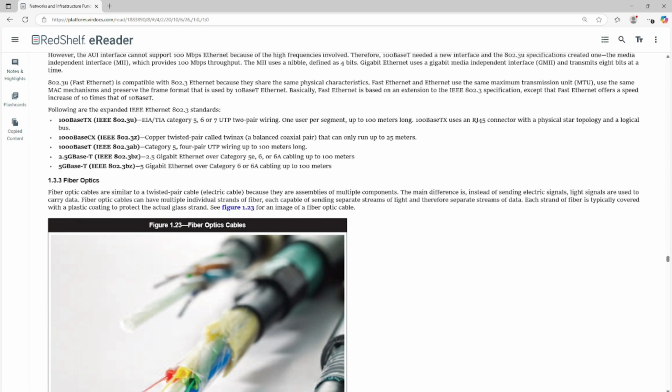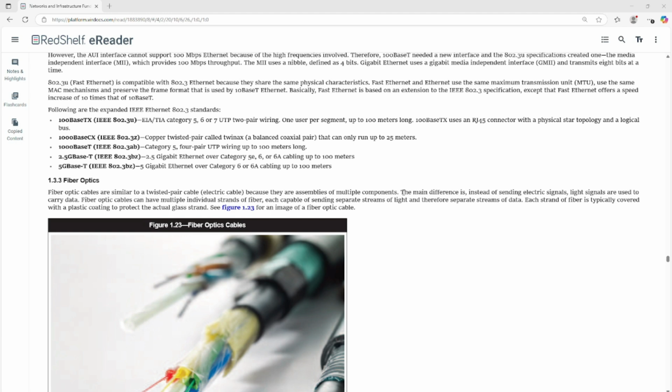Fiber optics. Fiber optic cables are similar to a twisted pair cable because they are assemblies of multiple components. You should keep in mind here that fiber optic cables transmit data by sending light signals. Light signals, very important.